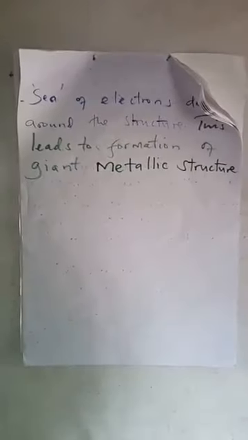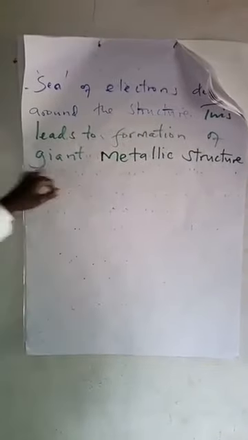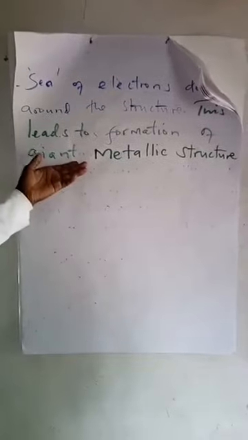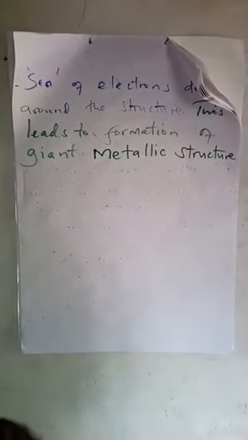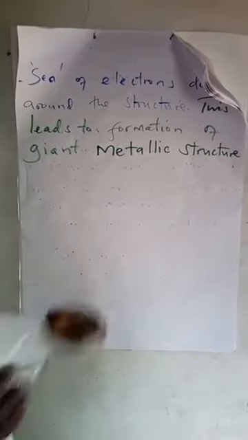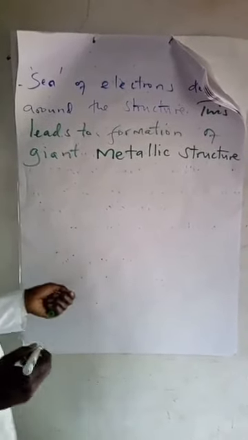So basically this is how metallic bond is formed. So we can look at the properties of metallic bonded structures.